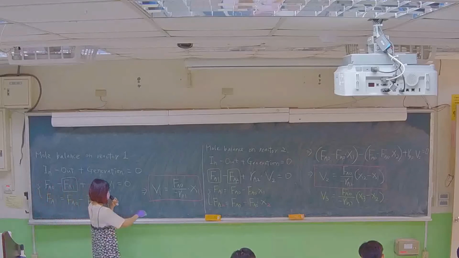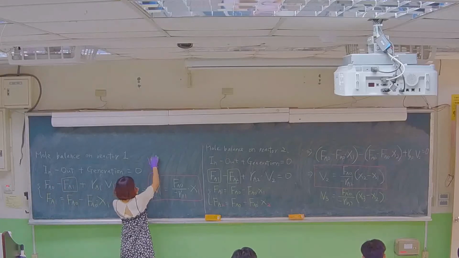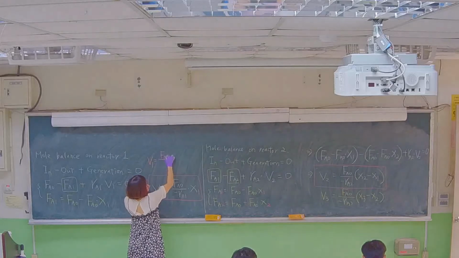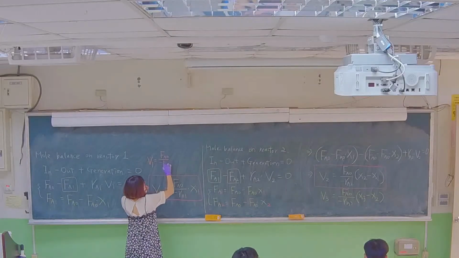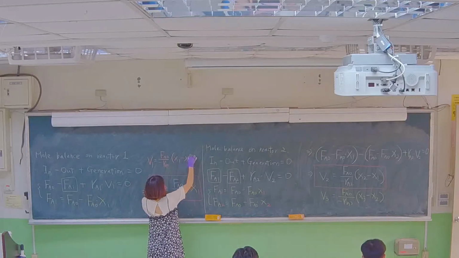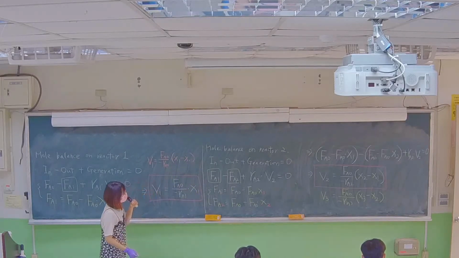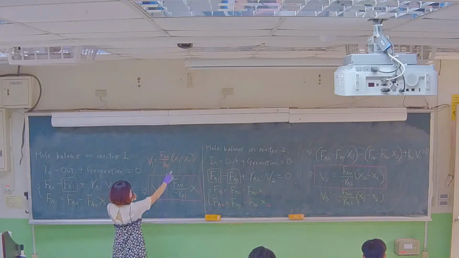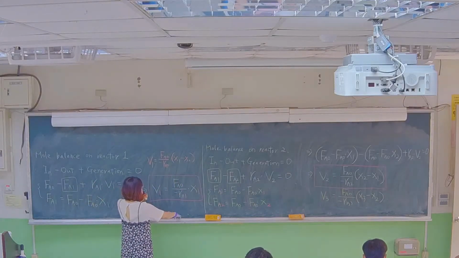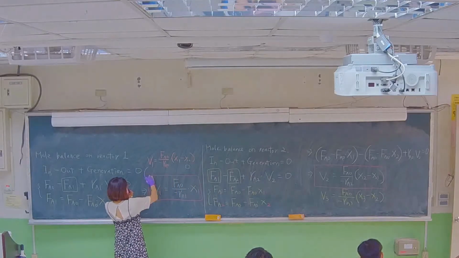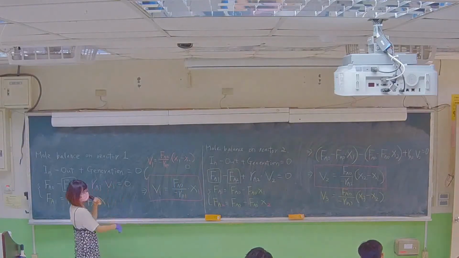If you change the form for this one, if you write down like this, you can write down like this, right? If you want to have the same form as rows, you can have this one. And because x0 is equal to 0, so this one is the same as this one.